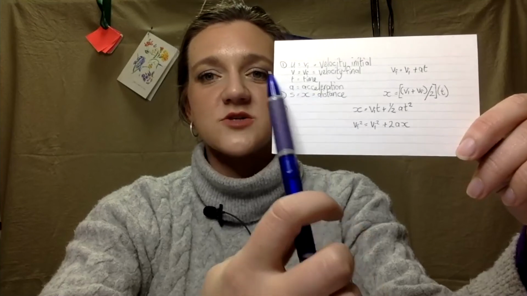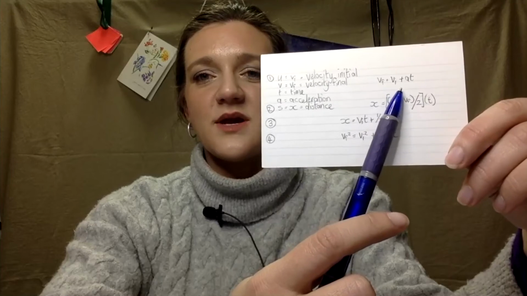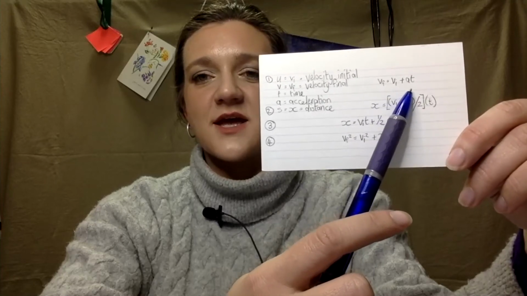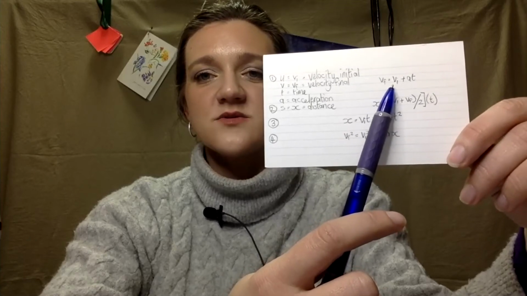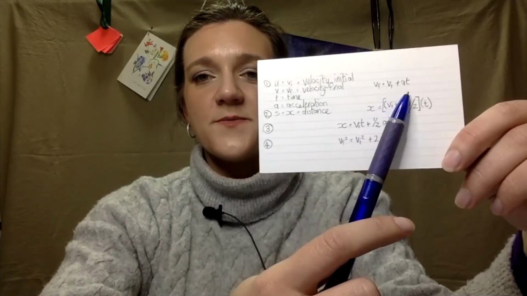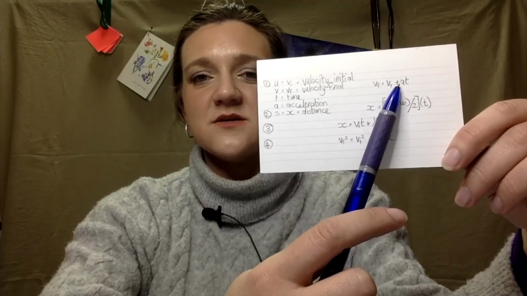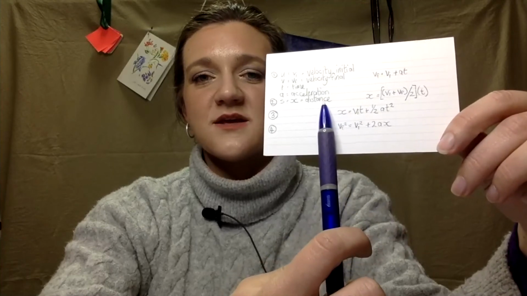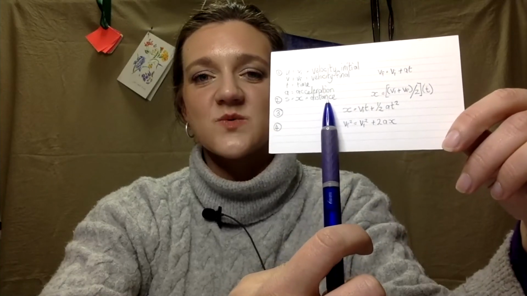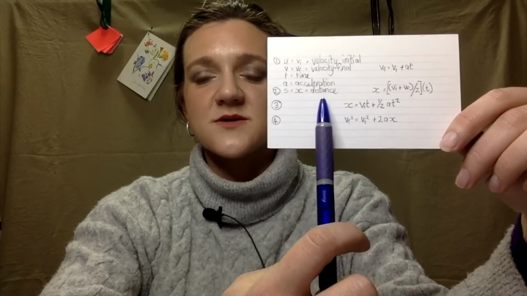So the first equation will be vf equals vi plus a, which is acceleration, times t. So velocity final equals velocity initial plus acceleration times time. Now the next one. This s is x, which is distance. So s can be x or distance.